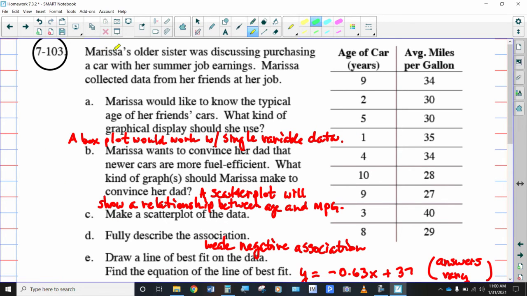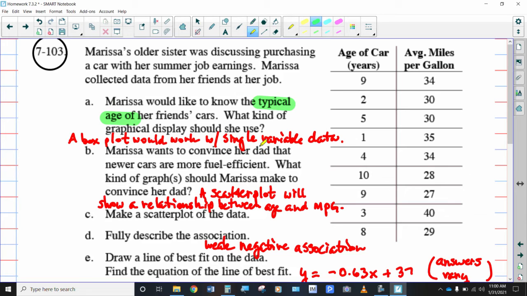All right, Marissa's older sister was discussing purchasing a car with her summer job earnings. Marissa collected data from her friends at her job. Marissa would like to know the typical age of her friends' cars. What kind of graphical display should be used? If she wants to figure out the typical age, that's kind of like talking about average.